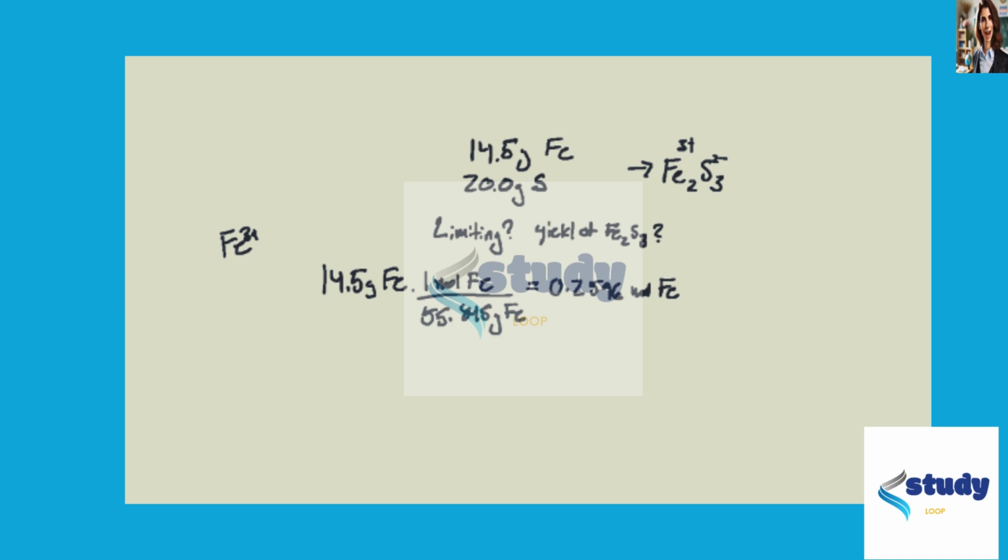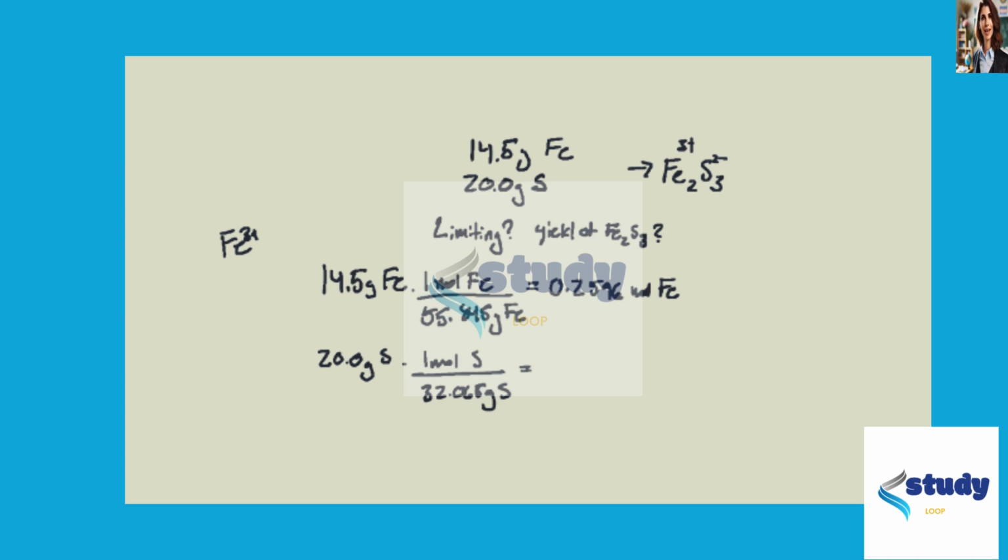The molecular weight of sulfur is 32.065. So we'll take our 20.0 grams of sulfur and multiply it by 1 mole of sulfur for every 32.065 grams of sulfur. This comes from the molecular weight of sulfur.